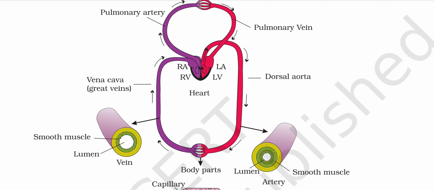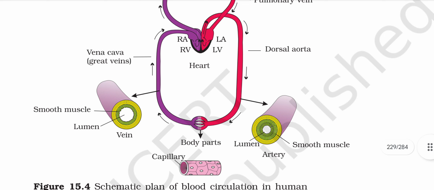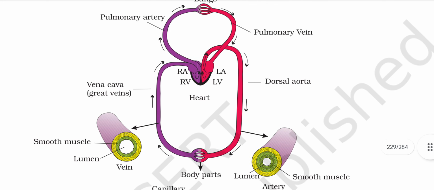Sometimes the diagrams in the NEET examination are not so clear, so we have to be clear in ourselves that I know that diagram and I know clearly what is named where according to the NCERT book. So you have to grasp these diagrams also.